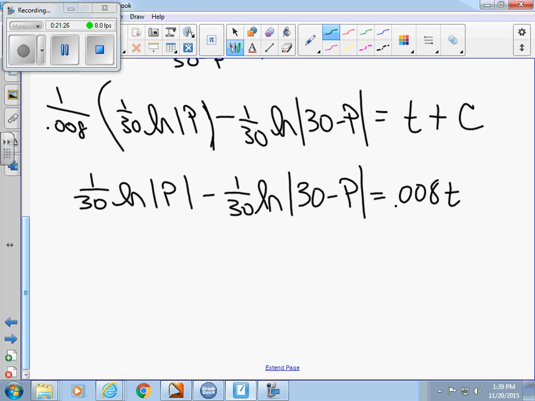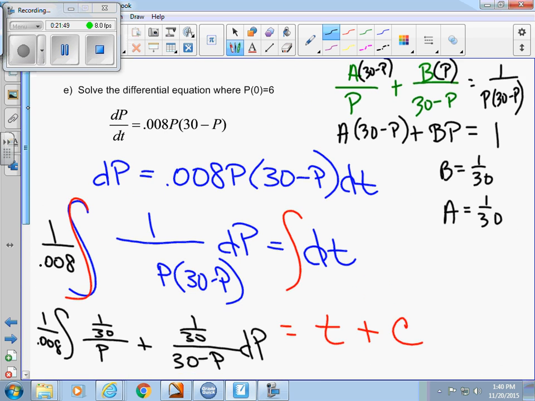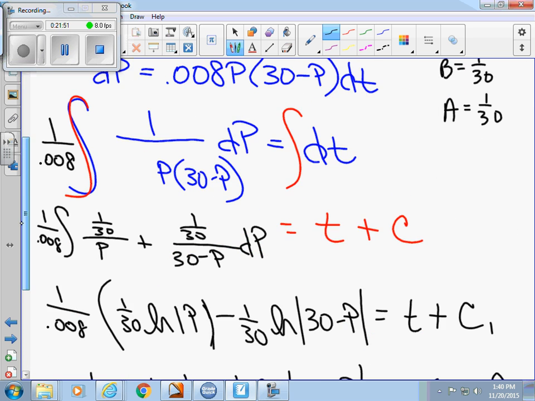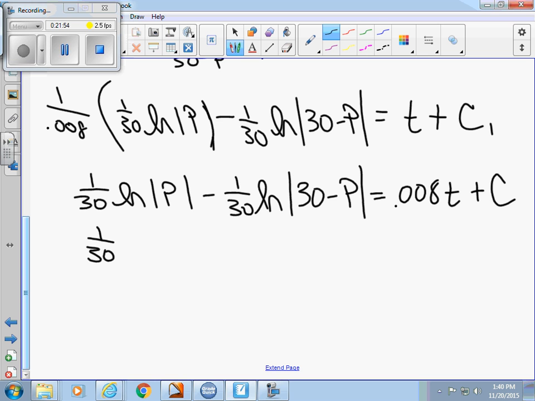You could do 0.08 times C, or you could just call this a different C. It's still a constant. You would put the 0.08 there to begin with. Doesn't matter. Okay, I'm going to put 6 in for P and 0 in for T, correct? I would remember. But anyway, write that down for a second. P0, yep. So 1/30th natural log of 6. You notice I dropped the absolute value.